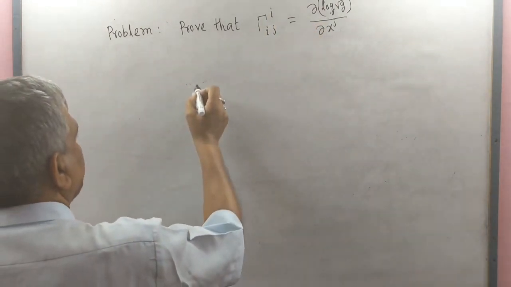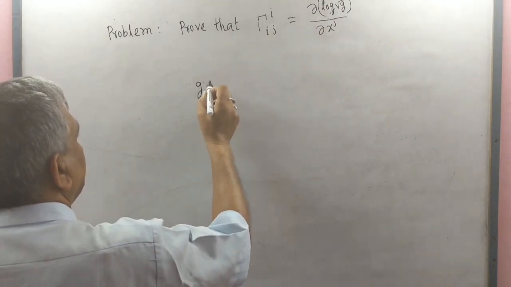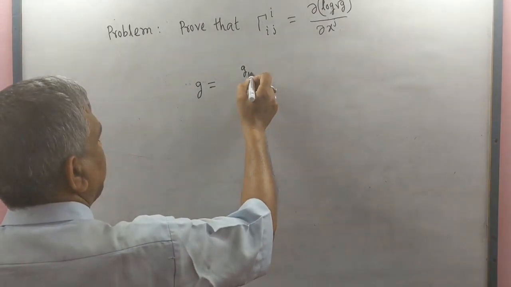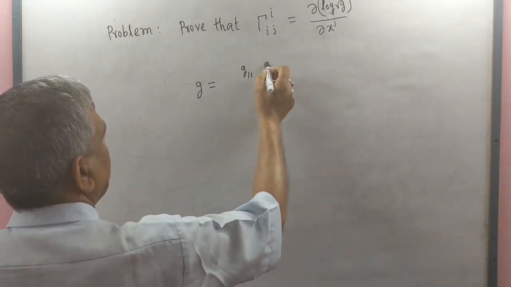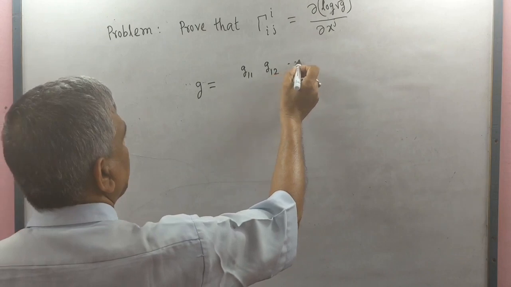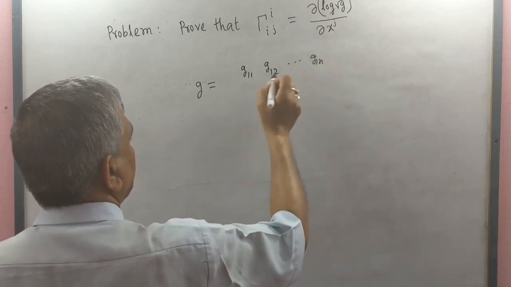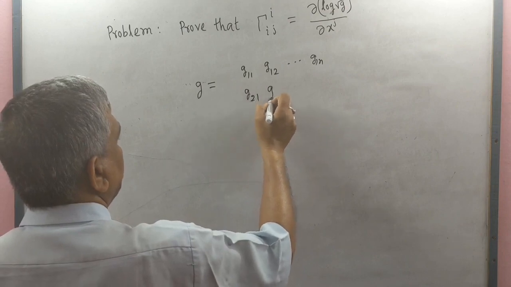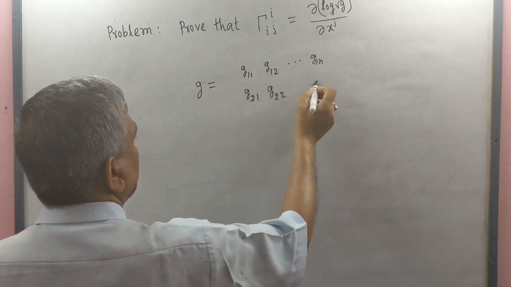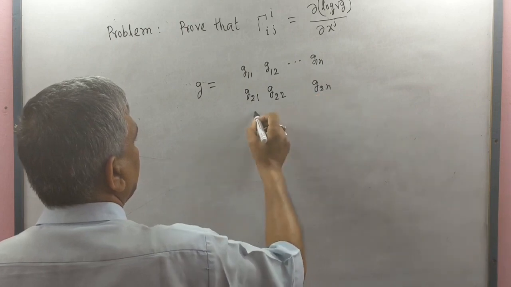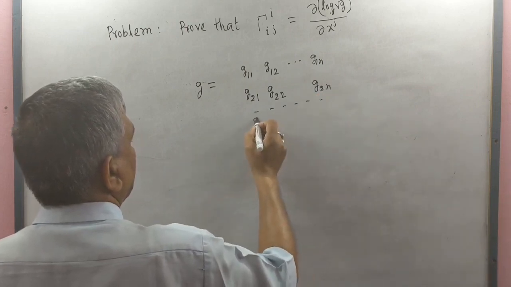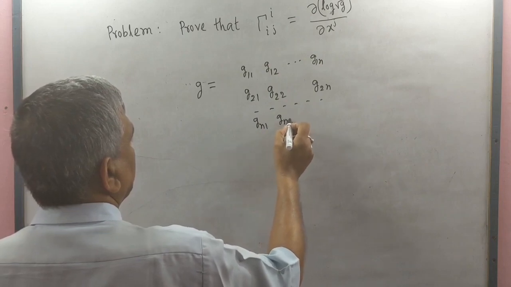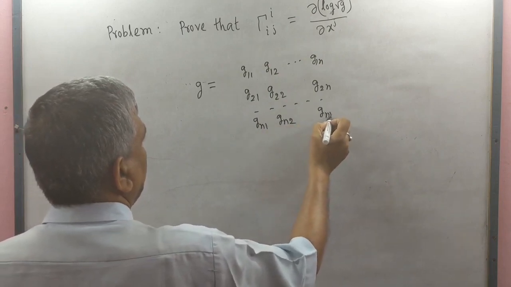As we know that g is the determinant of the matrix which contains elements g11, g12, g1n. These are metric tensors, g21, g22, g2n, gn1, gn2, gnn.